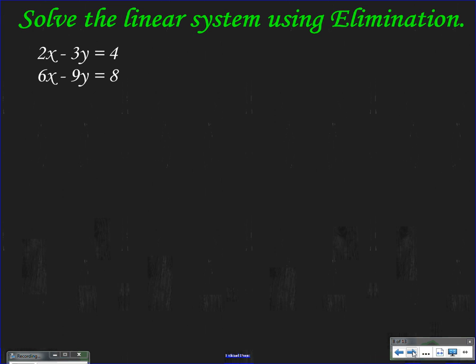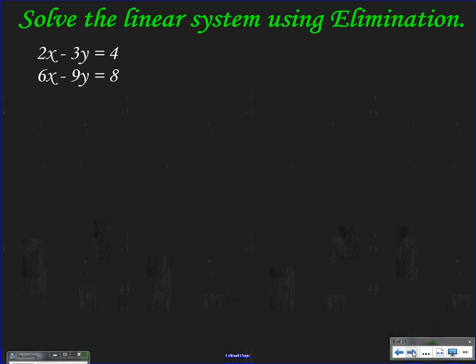This is where I'm going to multiply, because I don't have two of the same thing. I can look at it and say, oh, 2 is a multiple of 6, and 3 is a multiple of 9. So I can multiply the top number by 3. 2 times 3 is 6, and 3 times 3 is 9.